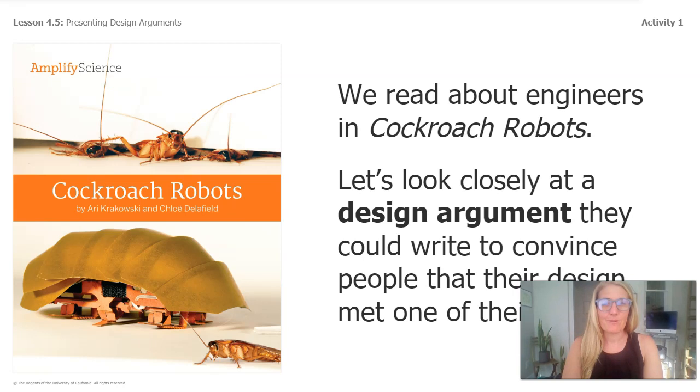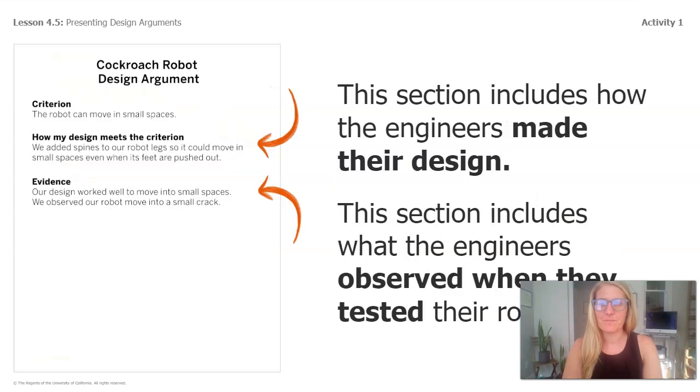Remember reading about cockroach robots. We will look closely at a design argument that they could write to convince people that their design met one of their criteria. This section here includes how the engineers made their design, and that's at the top where it says how my design meets the criterion.